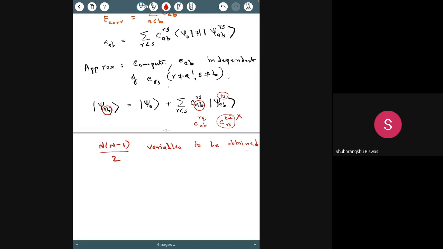AB are occupied orbitals, RS are virtual orbitals, and T and U are also virtual orbitals. So psi_AB^RS is a doubly excited determinant, and psi_AB^TU is also a doubly excited determinant.